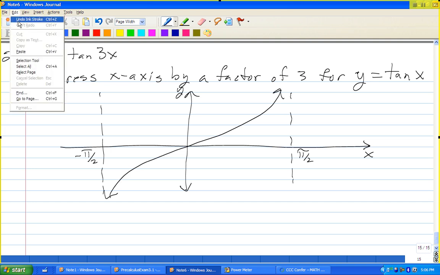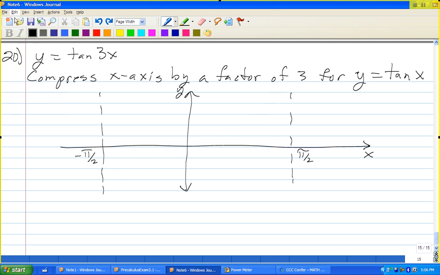I want it in red. So let's do this in red. I'm going to exaggerate because I want to compress this a lot. Okay, so this is the graph of y equals cotangent x. Okay, and then obviously you continue with this sort of thing.